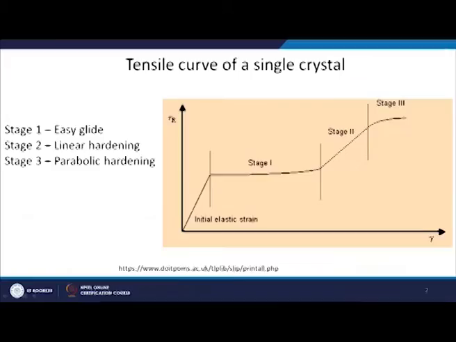So, if you look at a tensile curve of a single crystal, initial studies, when people were trying to understand this deformation, were done on the single crystal to at least understand the role of crystallography, or crystallographic planes and directions, in this whole deformation process. The Schmid factor which we discussed is also for a single crystal.